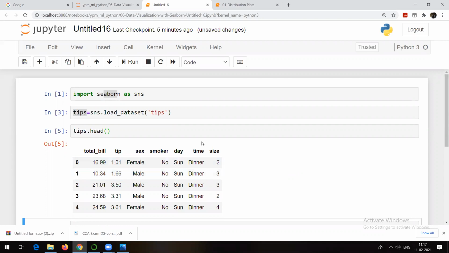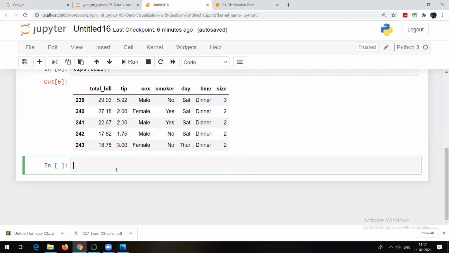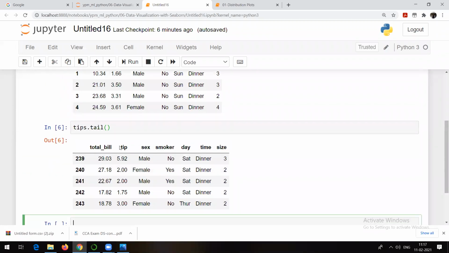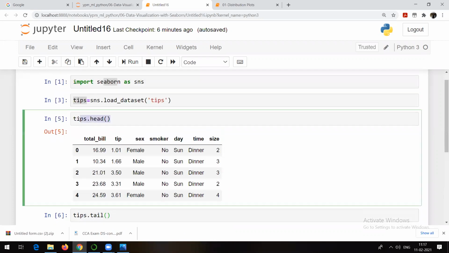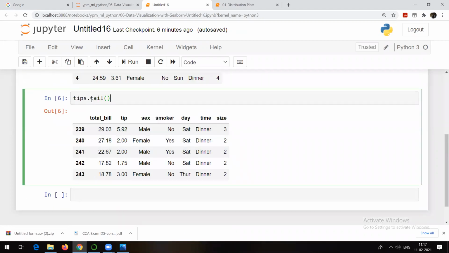So just try to understand whatever I am discussing here in this session. The questions will be based on that. It will be like an online test we will try to conduct. Maybe I will let you know 2 3 days prior. But the thing is, just try to concentrate on whatever I am discussing here. So head is going to show me the first 5 records. Tail is going to show me the last 5 records.